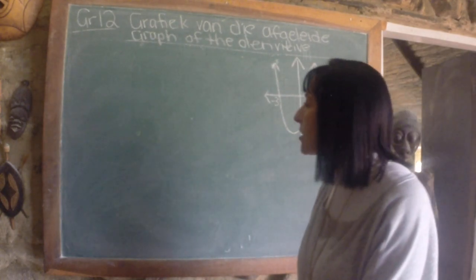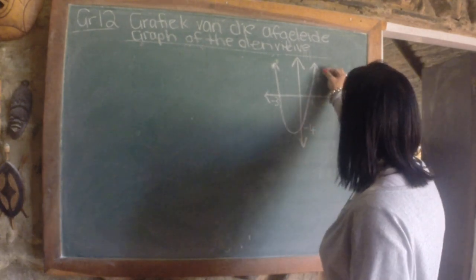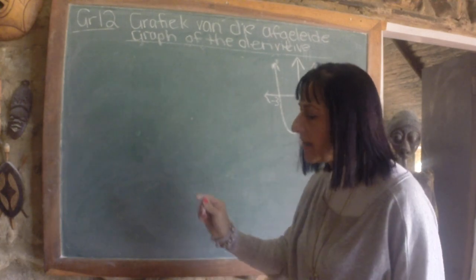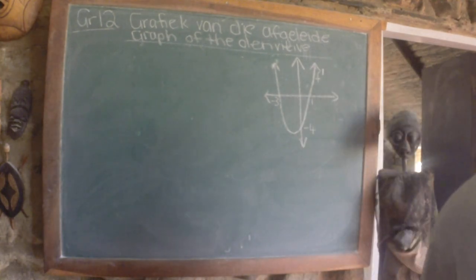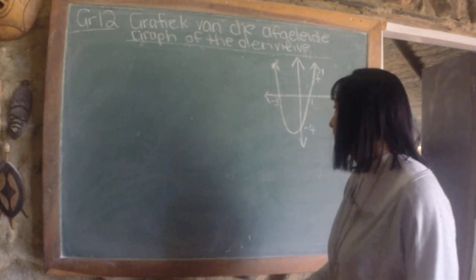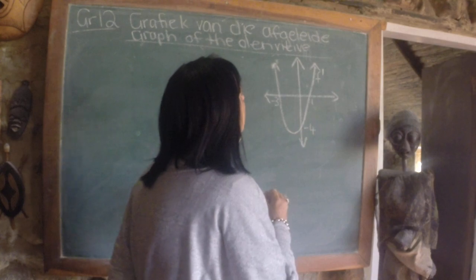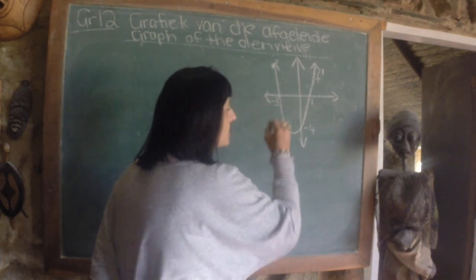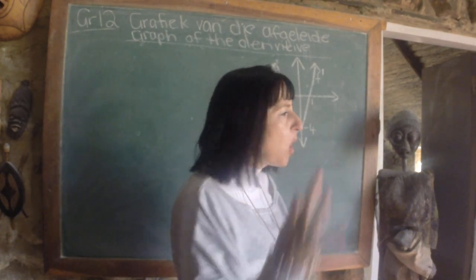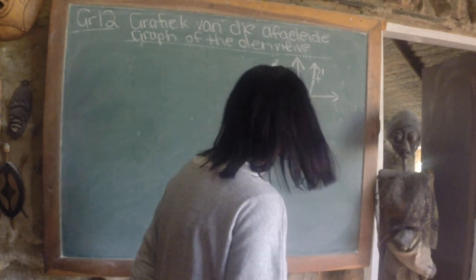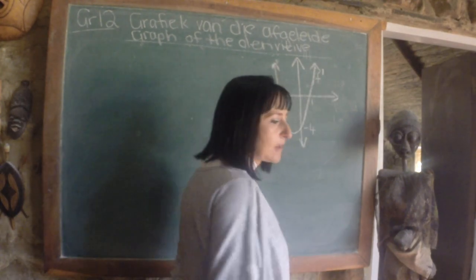Nou moet julle onthou graad 12's, hierdie is 'n prentjie van die afgeleide. Dit beteken, dit is 'n prentjie van die gradiënt van enige raaklyn aan die funksie. So hierdie prentjie is fisies the gradient. This is a picture of the gradient of all tangents on that f, and that must be a third degree function.